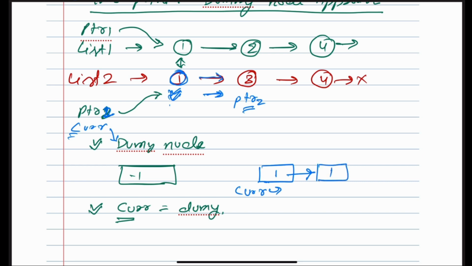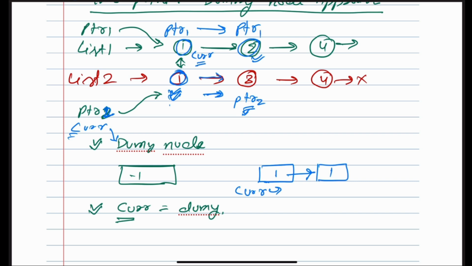Now because we have consumed this, pointer 1 will also move to the node 2. Now pointer 1 is at the node 2 of the linked list 1 and pointer 2 is also at the node 2 of the linked list 2. My current has also consumed this, my current is now pointing to this.